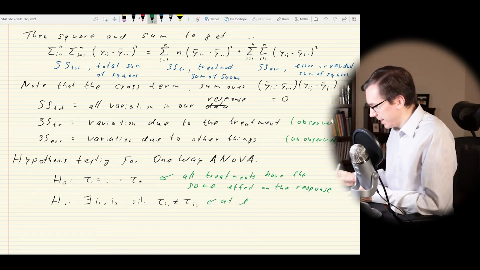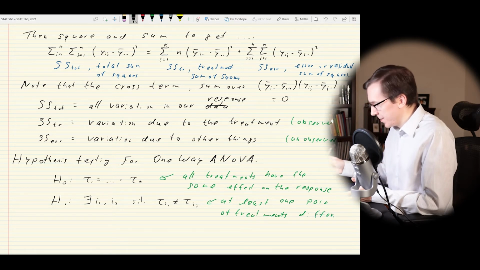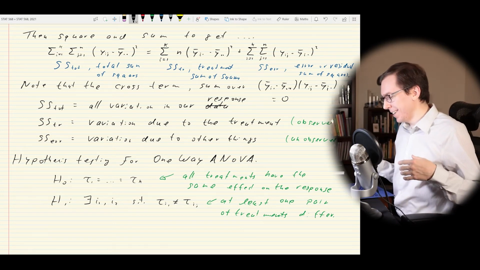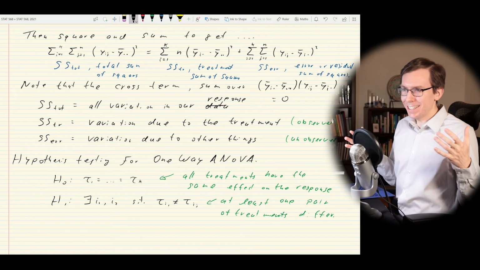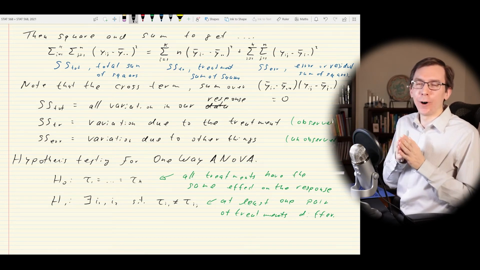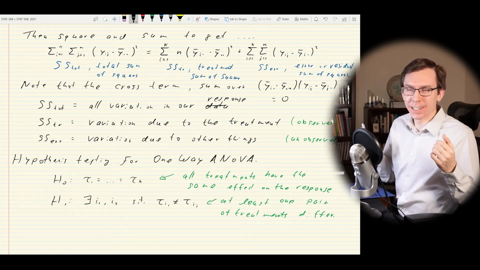So this is basically at least one pair of treatments differ. In some sense, the null is that there's nothing interesting to see here. The alternative says there's at least some difference among all of our different treatment groups, categories, or factor levels.